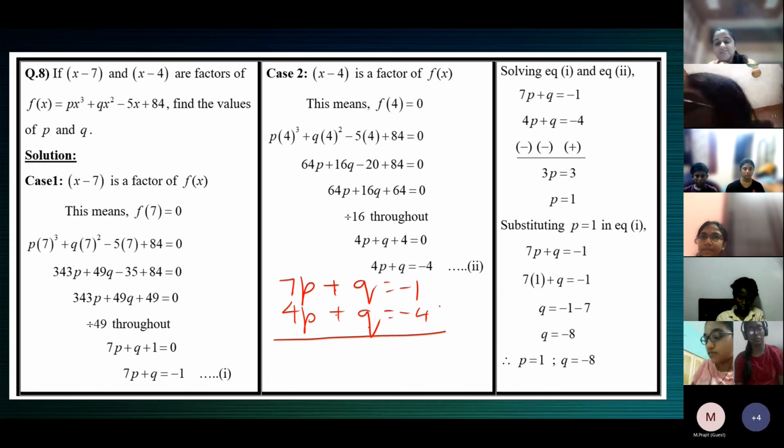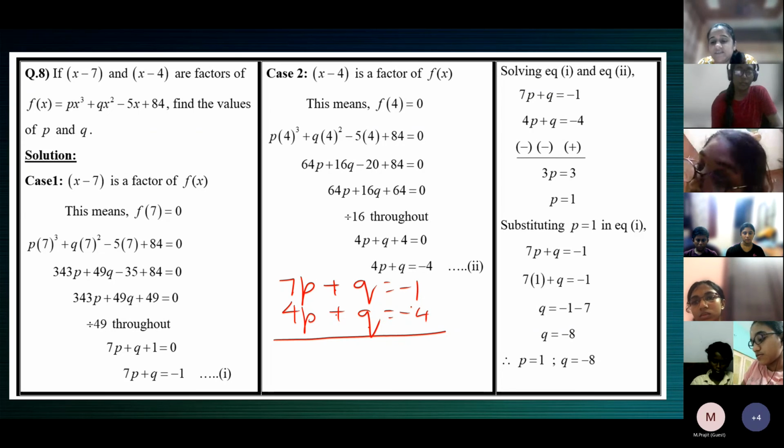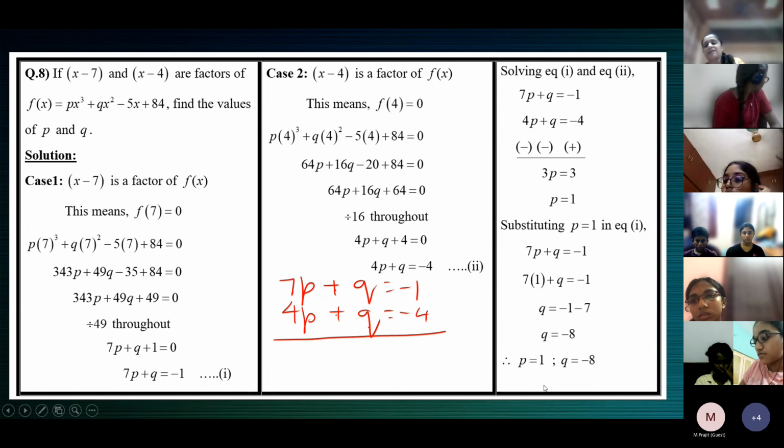So if you change the signs, it will be plus q minus q and you can cancel them, equals to 0. So when we change the signs, it's called subtracting the two equations. When you don't change the signs, it's called adding the two equations.